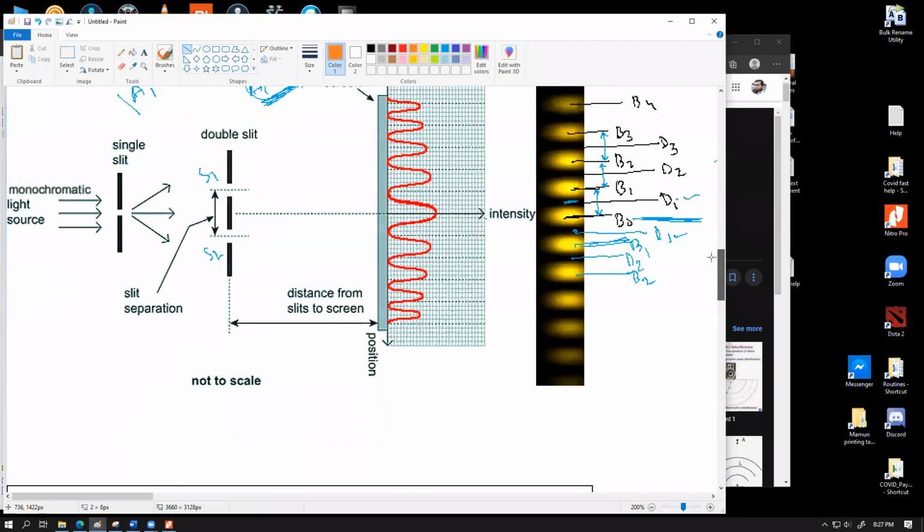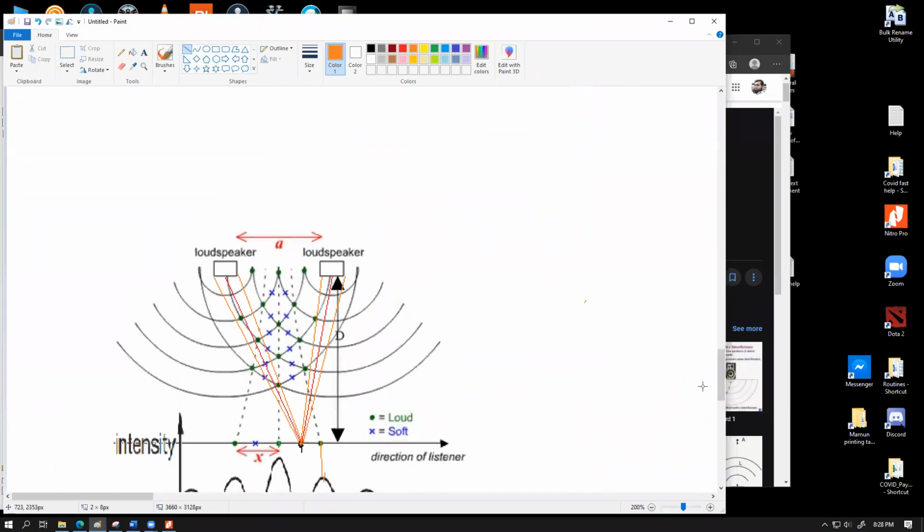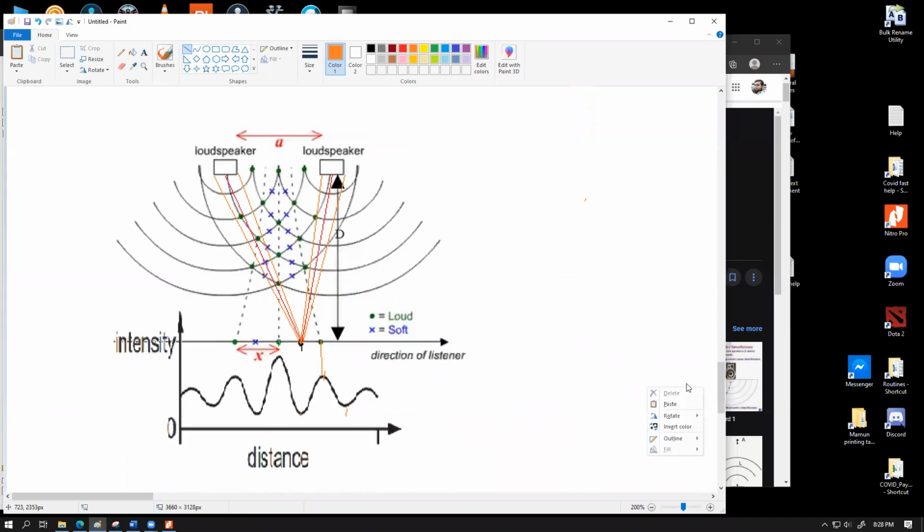I want you to appreciate this. You see that for the light wave, only the peaks are decreasing, but all the dark points are perfect zero. But for the sound wave, the peaks are decreasing, correct, true. The peaks are coming down, but also the bottoms are rising up.